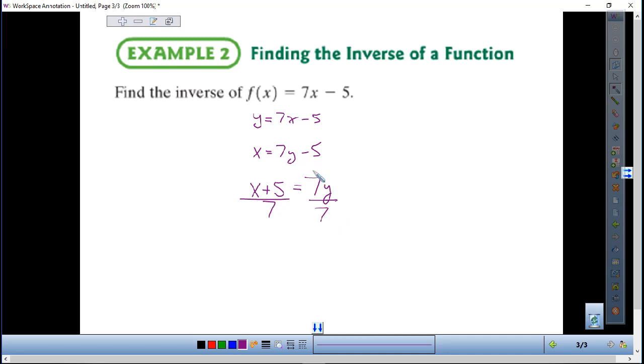So when I divide by 7, these are going to cancel out. I'm going to go ahead and flip the sides here, and you get y equals x plus 5 over 7, and it says to use the notation for the inverse. So f inverse of x is x plus 5 over 7.